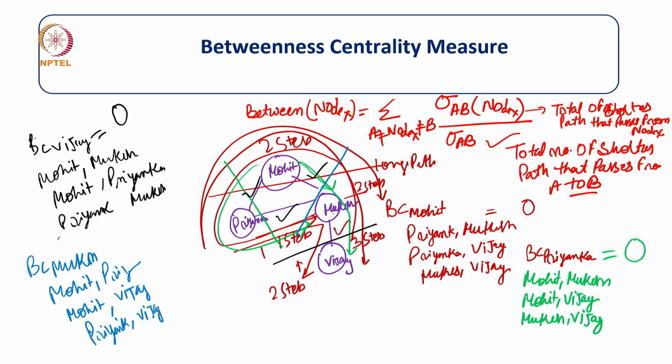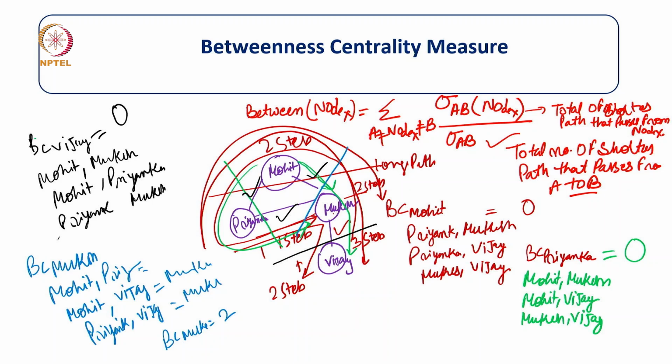So for Mohit to Priyanka, there is one path, but Mukesh is not coming. But for Mohit to Vijay, this is the only shortest path, and Mukesh is coming in between. And between Priyanka and Vijay, also Mukesh is coming. So the betweenness centrality measure of Mukesh is 2.